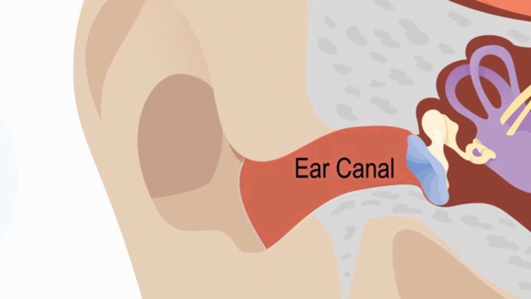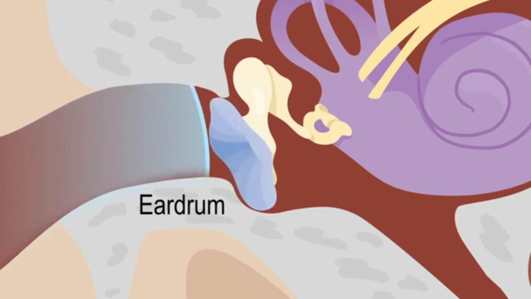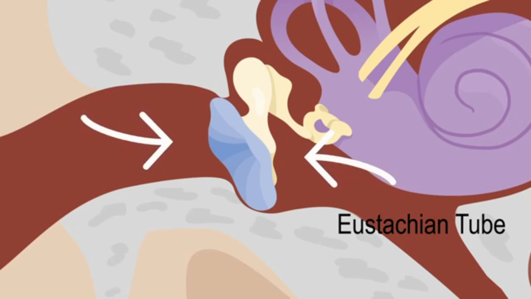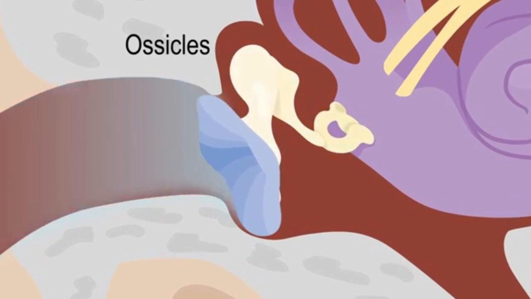These parts gather sounds from the environment and funnel them into the middle ear. The middle ear takes these sounds and turns them into vibrations. Sounds that come into the middle ear hit the eardrum, causing it to move. The eustachian tube helps the eardrum to work well by keeping the air pressure balanced on both sides. When the eardrum moves, it makes three small bones called ossicles vibrate.